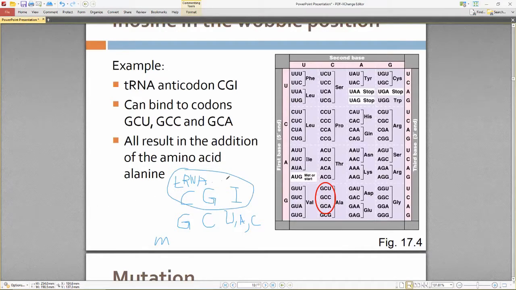And what does that result in? If a single tRNA can bind to all of these, then essentially this single tRNA carrying an amino acid, let's say alanine, is why GCU, GCC, and GCA in this particular example can all code for alanine.